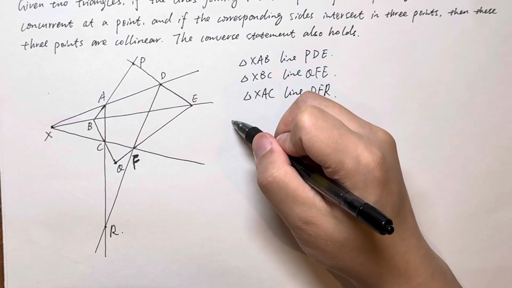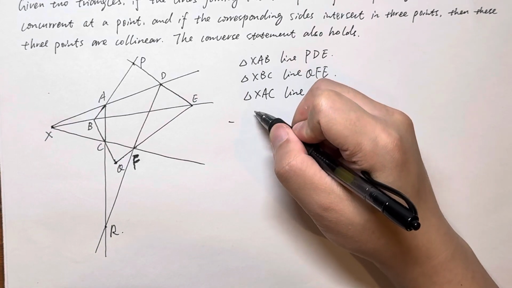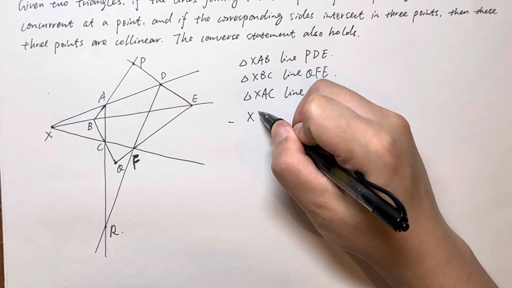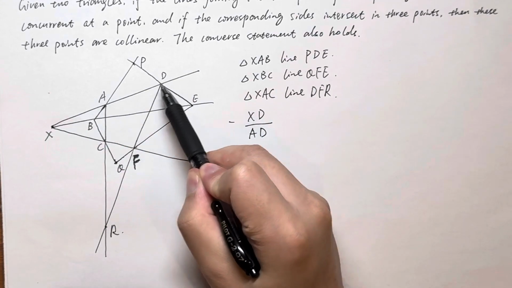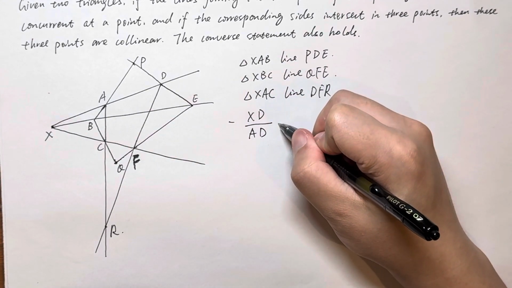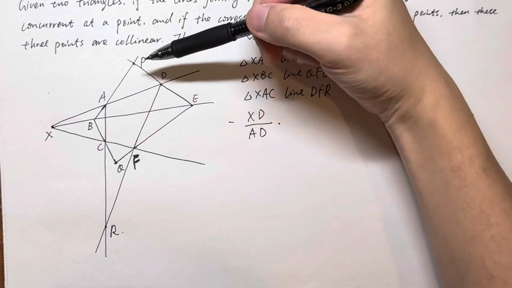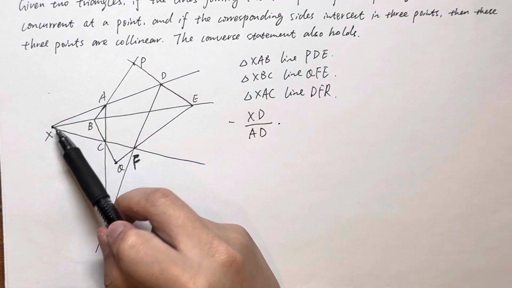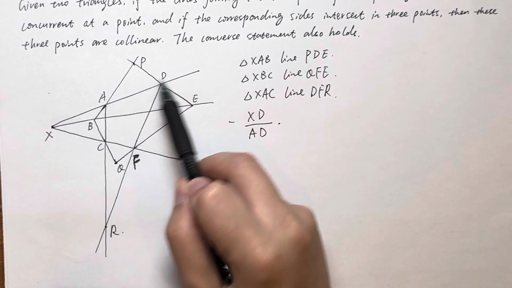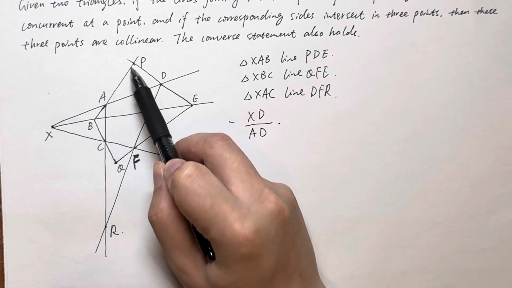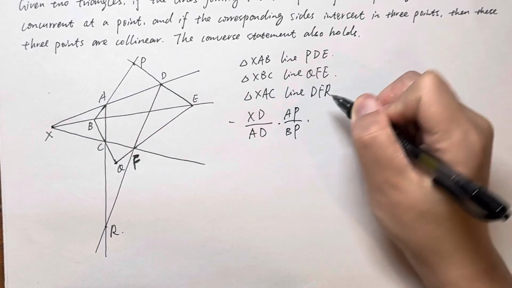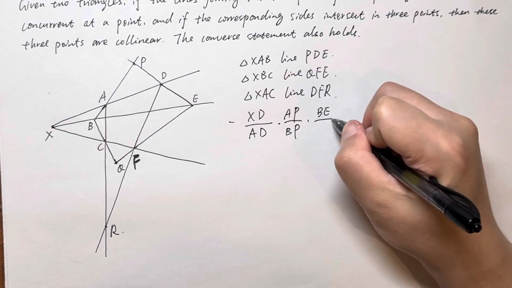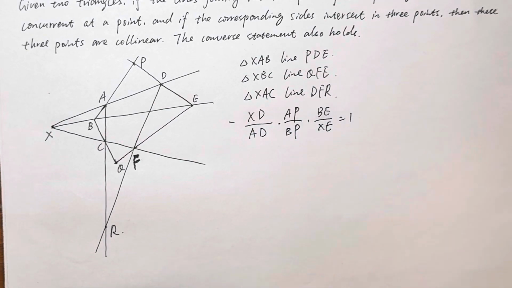Okay, for the first case, we have XD to AD times AP to BP times BE to XE equals 1, using triangle XAB and line PDE.